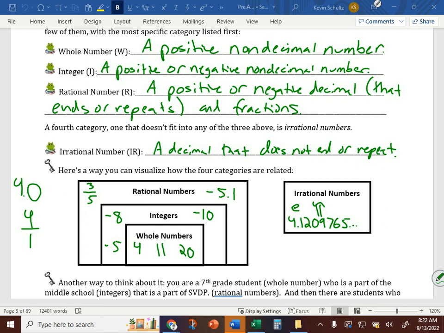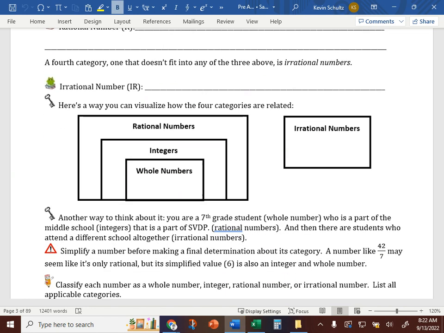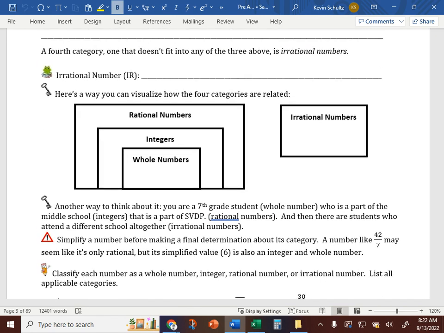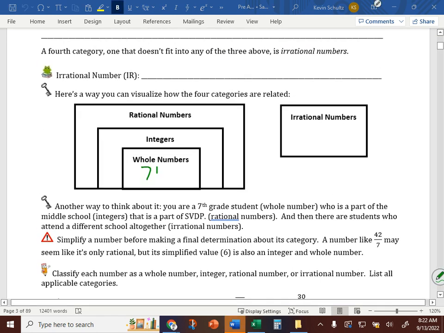Questions on what we have? Okay. My super cool analogy for all this stuff, I'm going to scroll down a little bit here. Another way to think about it, you are a 7th grade student, which is kind of like a whole number, right? You are a pretty specific part of your school.